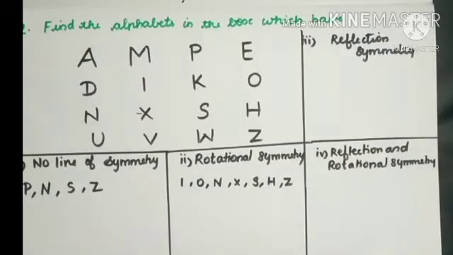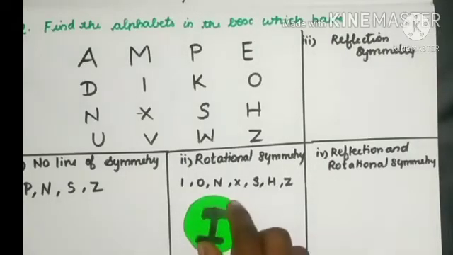Now let's find the rotational symmetry for the letters. The letters I, O, N, X, S, H, Z all have rotational symmetry. The alphabets which have rotational symmetry are I, O, N, X, S, H and Z. Students, now let's check it for the letter I. What is meant by rotational symmetry?